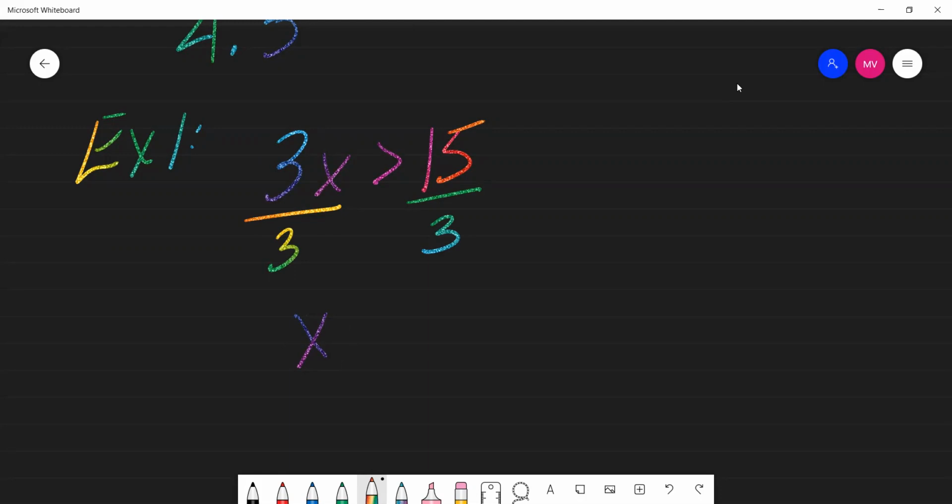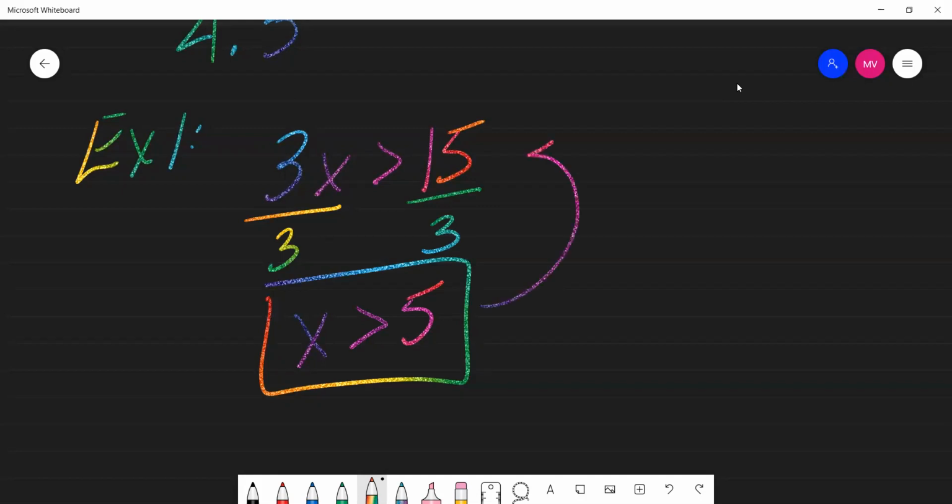Do we need to flip our inequality symbol? What do we have to have in order to flip? It has to be a negative number. Because 3 is positive, our inequality stays the same, and we get the answer x must be greater than 5. As long as it is, then that means that this statement up here is a true statement. Okay, example 2.